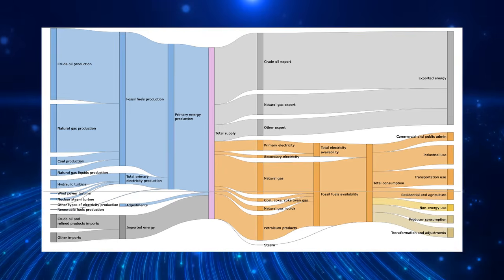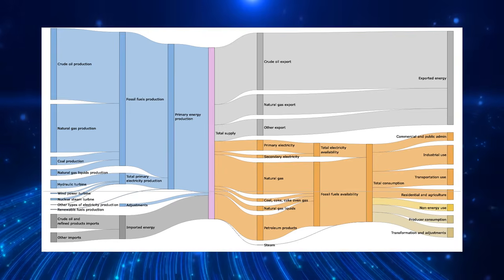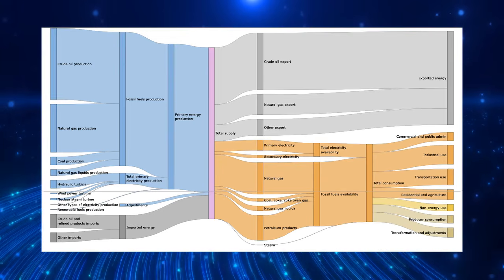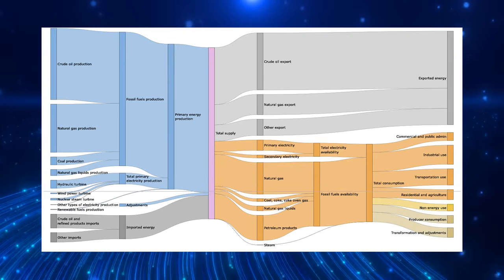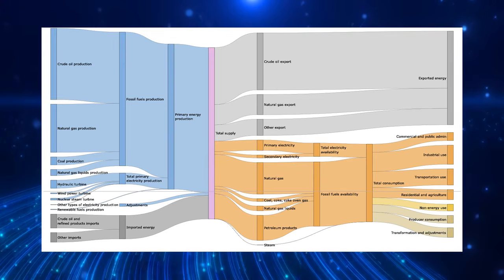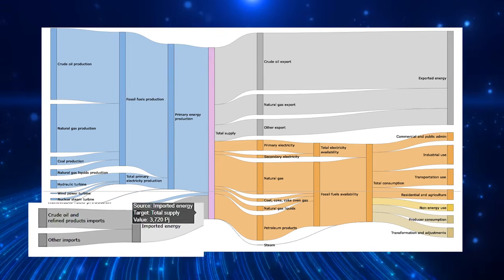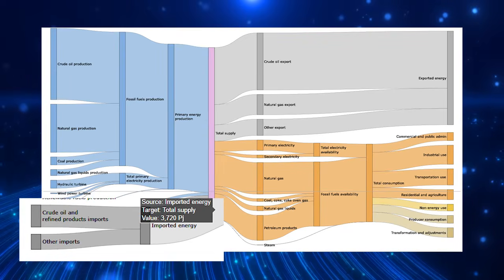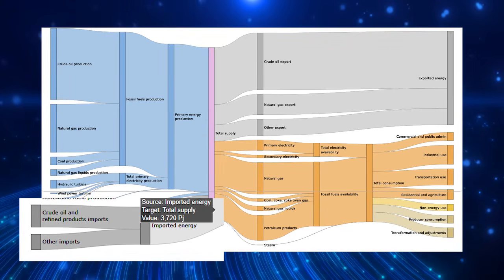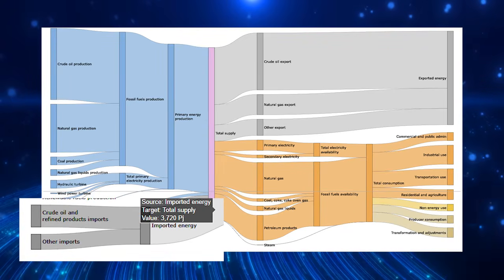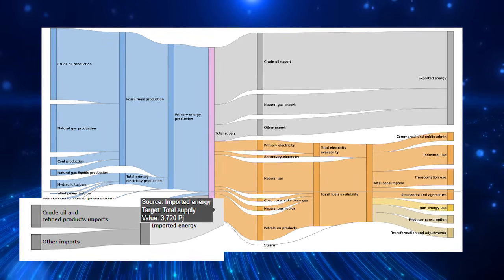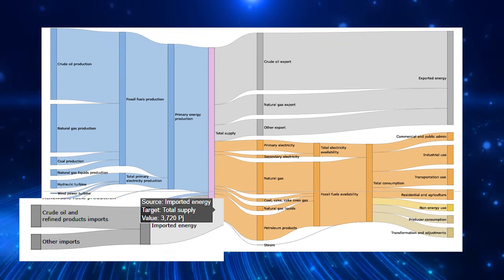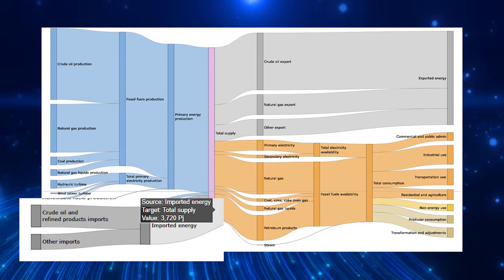Canada's energy imports are important, but small compared to total domestic production. Canada's total energy imports of 3.7 petajoules are only 14% of total energy sources. Almost all regions of Canada import some energy, not necessarily because of physical shortages, but because it makes economic sense for them to do so.